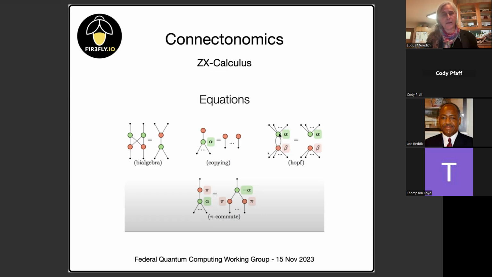So again, I neglected to mention something super important, apologies, which is that you can think of the green as representing the Z basis, so that's the 0 and 1, and the red as the X basis.